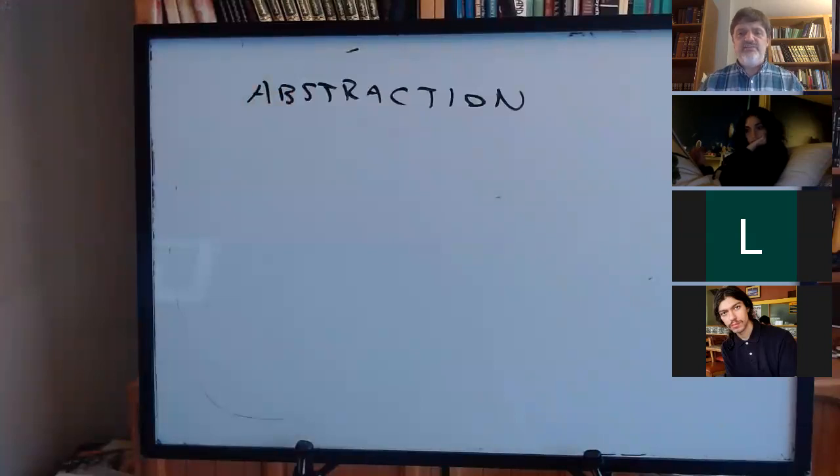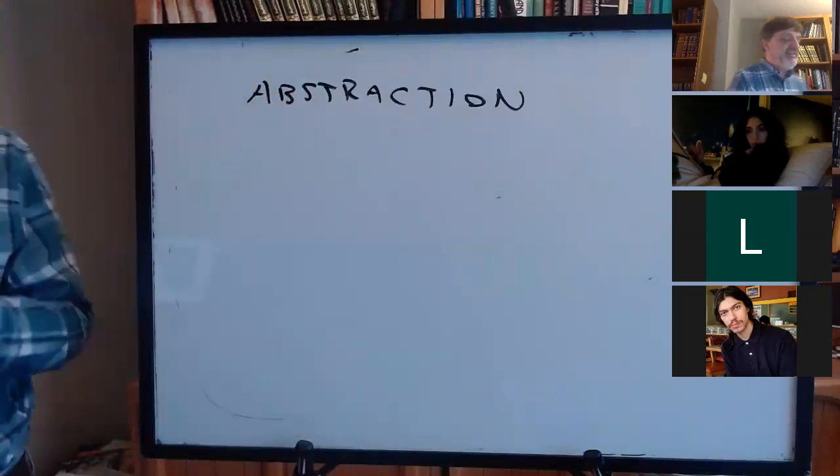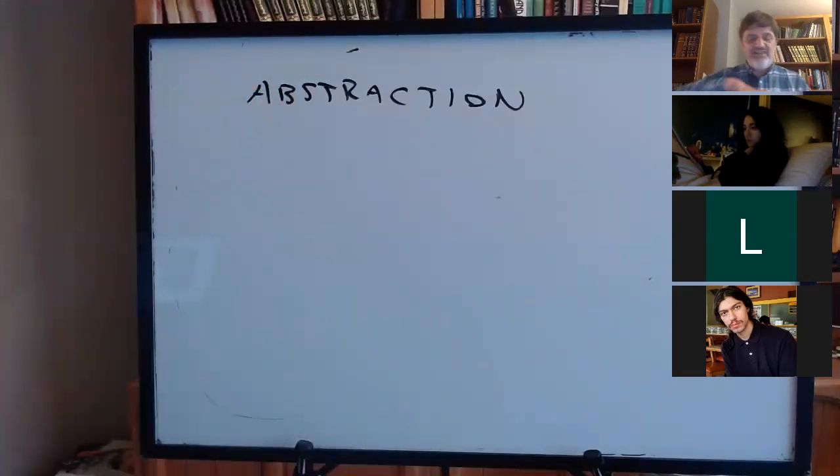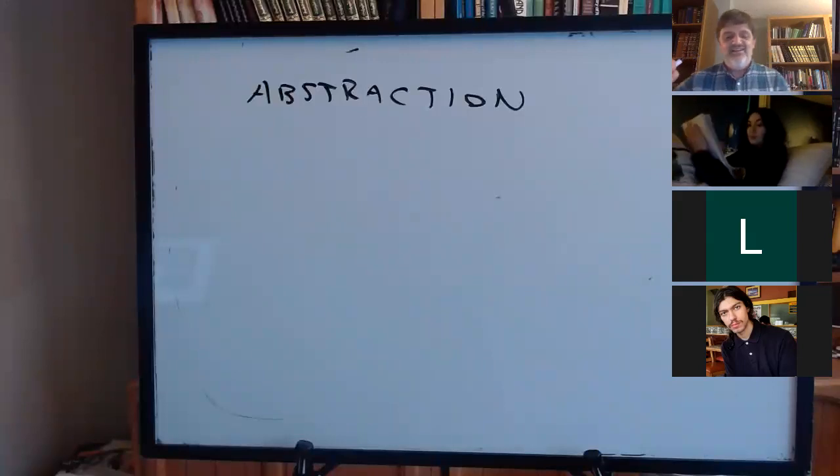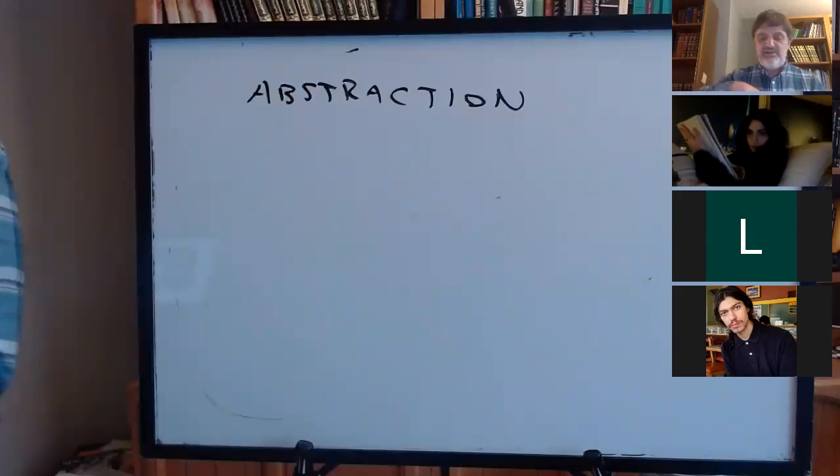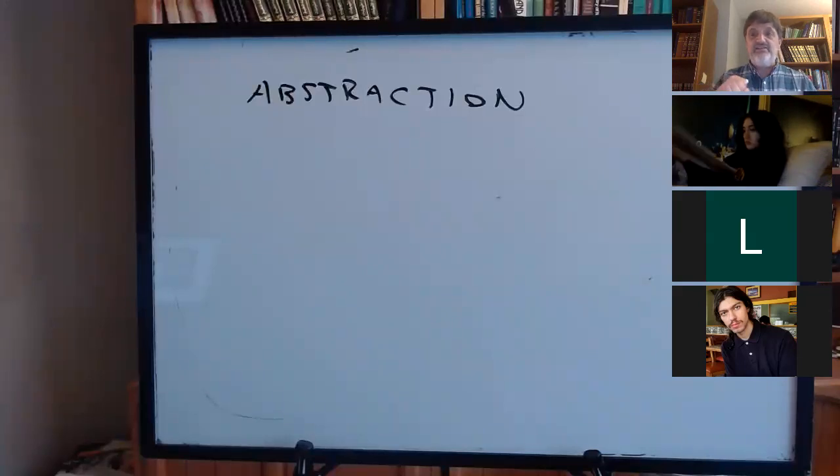Okay, so what is abstraction? It has something to do with separating, or as I mentioned before, the word abstract is like the word subtract. It means taking off. So it's somehow about separating some characteristics of a certain thing from others.